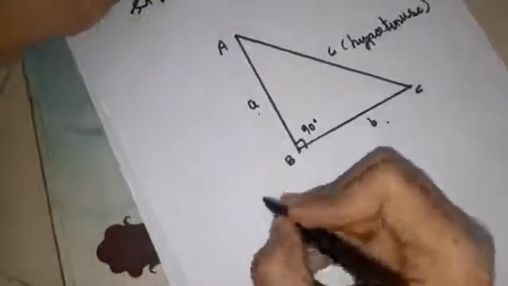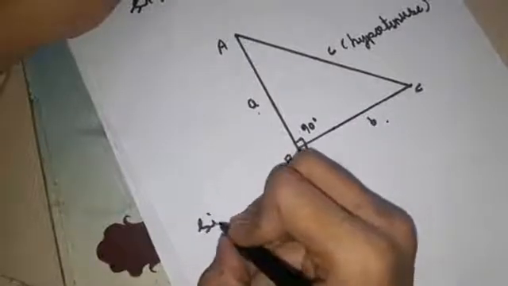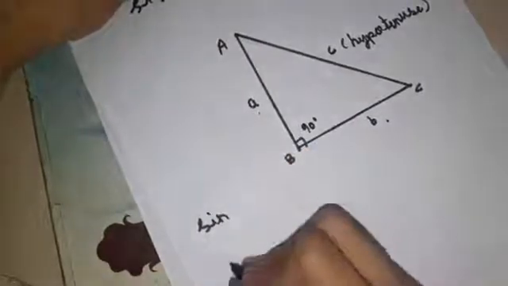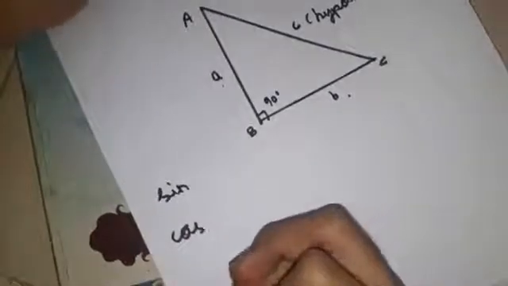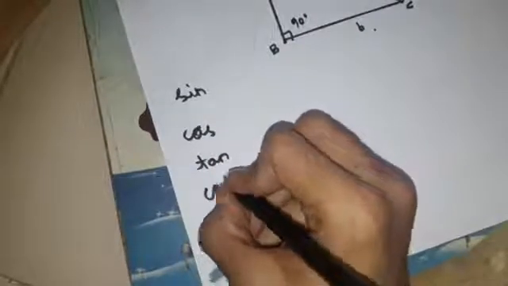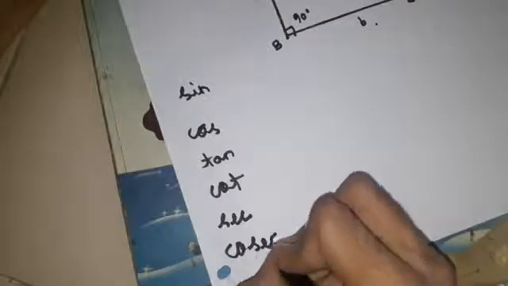There are 6 trigonometric ratios: sine, cosine, tangent, which we write as tan, cotangent, which we write as cot, secant, which we write as sec, and cosecant, which we write as cosec.